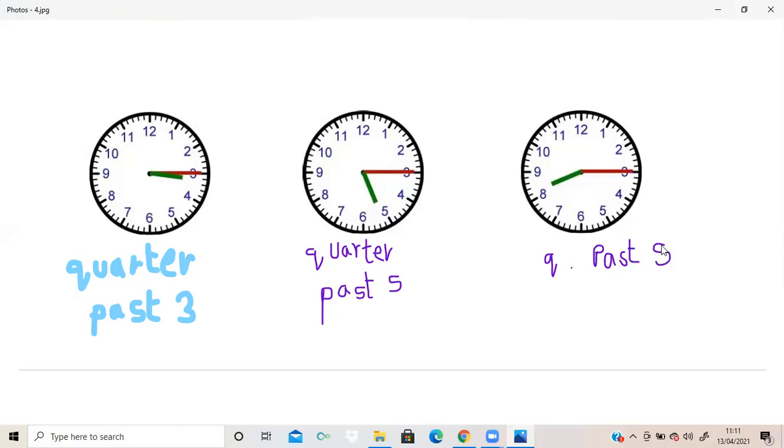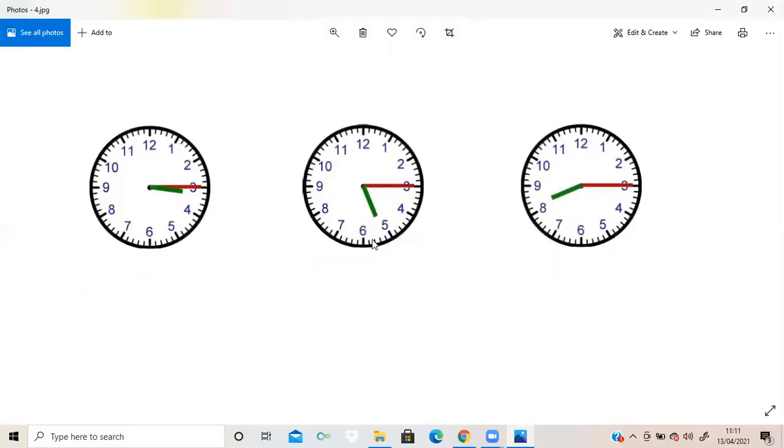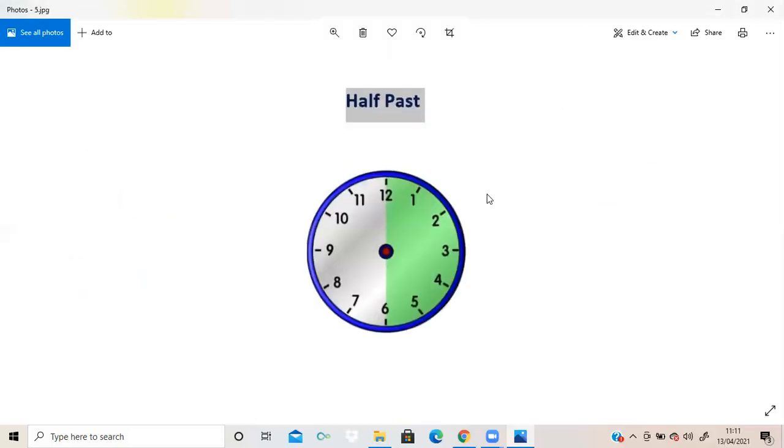This is a very important thing you need to remember. For quarter past time, the minute hand must point at 3. Then you can say it is quarter past. Let's go to practice more activities with half past.